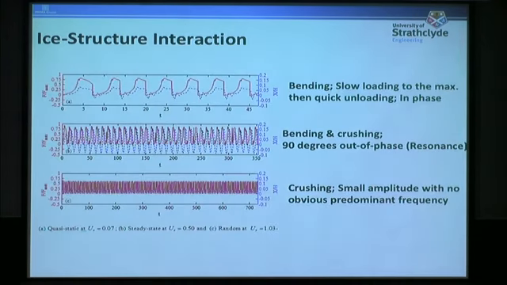And also, if you look in a little bit more detail, if the ice velocity is very small, we see bending type of behavior, and once we start increasing the ice velocity, we see bending-crushing behavior, and if the ice is very fast, now the damage mode is basically crushing.